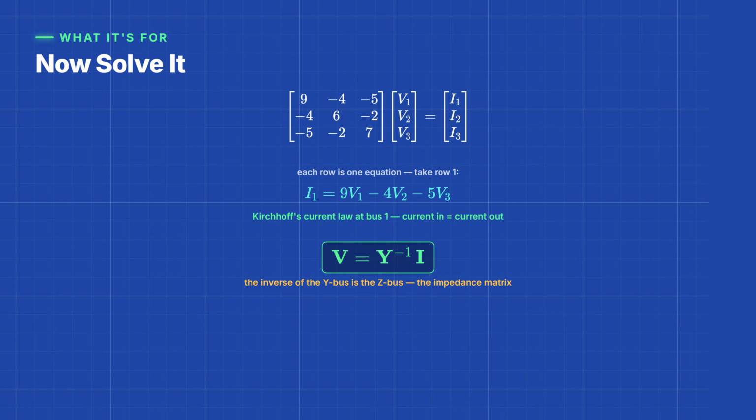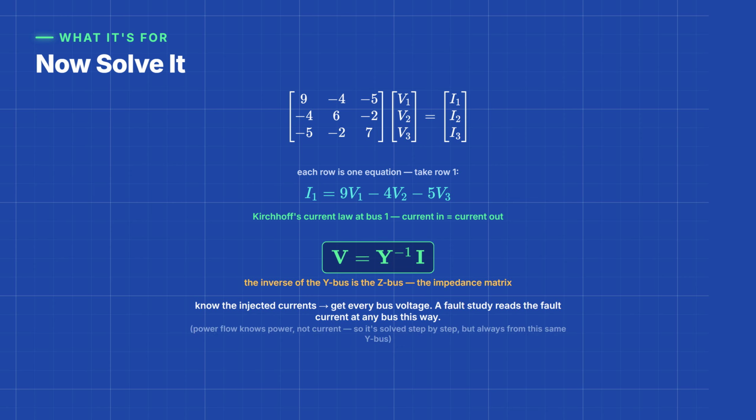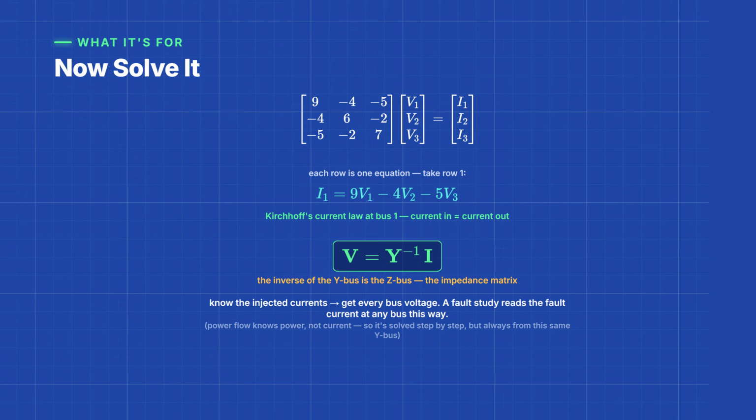A computer does this for thousands of buses at once, and this is exactly how a fault study finds the fault current at any bus. One honest note. In a power flow study, we know the power, not the current. So the computer solves it step by step, not in one shot, but it always begins from the same Ybus.